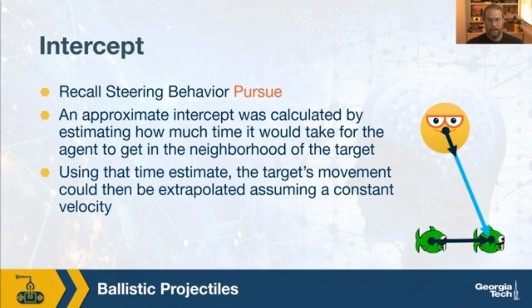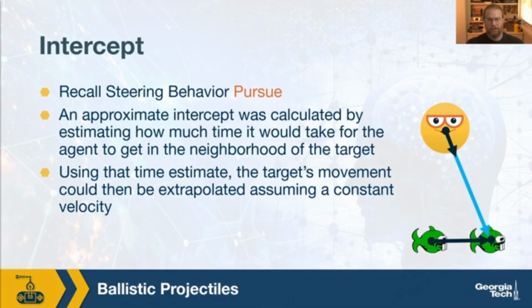Now that we have that t value, we extrapolated the target's movement. The target has a current position. We can add to that current position the velocity of the target times this estimated t. That tells us a future position of the target.